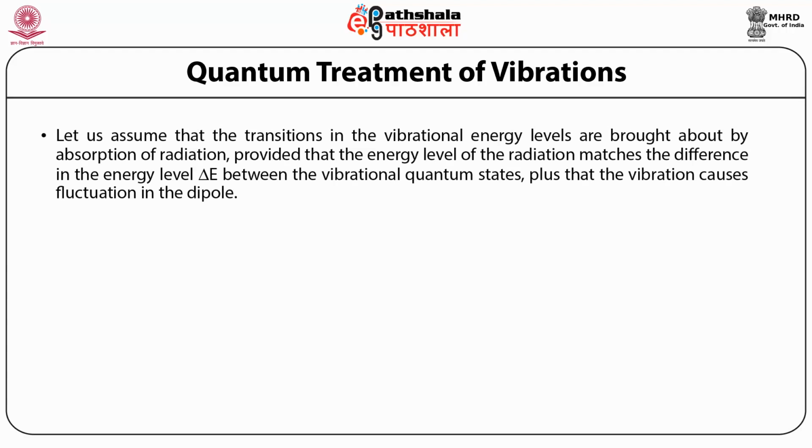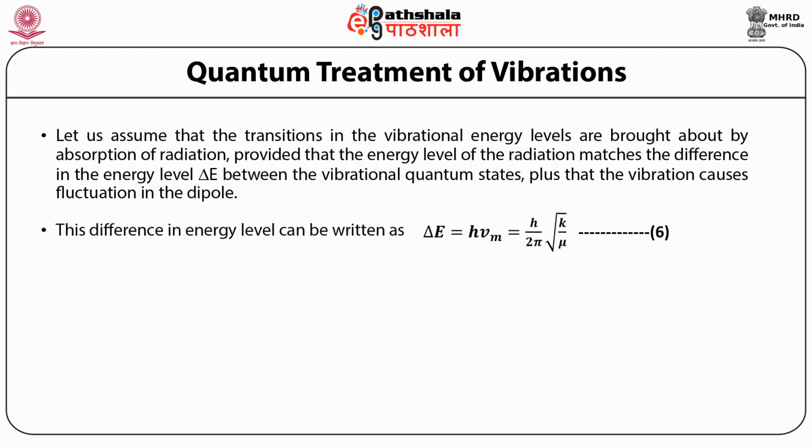Let us assume that the transitions in the vibrational energy levels are brought about by absorption of radiation, provided that the energy of the radiation matches the difference in energy level, that is delta E, between the vibrational quantum states, plus the vibration causes fluctuation in the dipole. This difference in the energy level can be written as delta E is equal to h nu m.